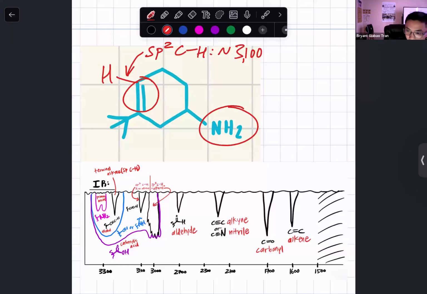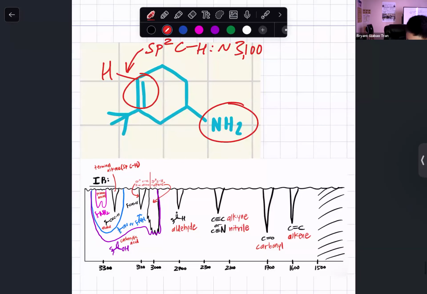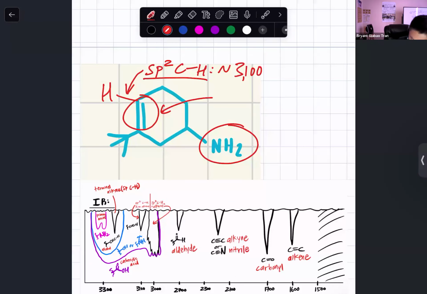Kathy said there's a sharp peak around 3100, and that shows the sp2 CH bond. What range is the C double bond C in the IR? Around 1600. Nice. What about the primary amine?